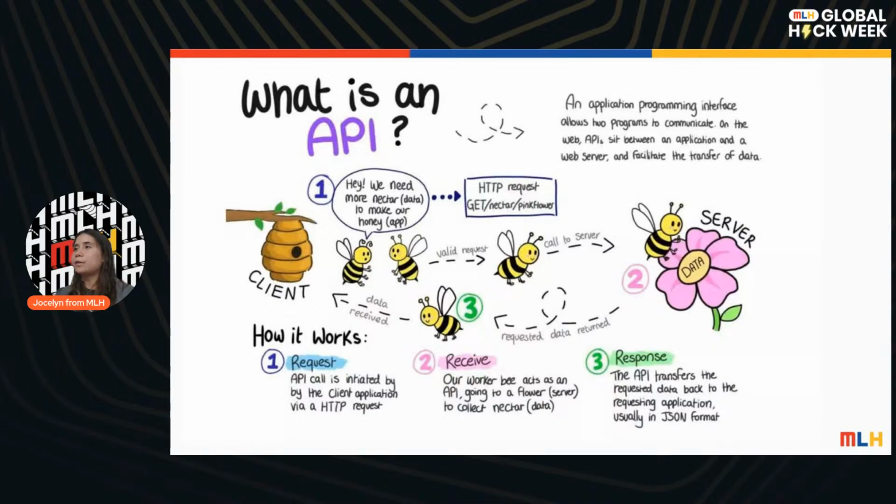Number 3, you are getting the response, which is that the API transferred the requested data back to the requesting application, usually in JSON format. So keep in mind those 3 steps: requesting, receiving, and responding. Those are the basic steps of how an API works. And as some people mentioned, it is basically a middleware between your application and your server or your data.